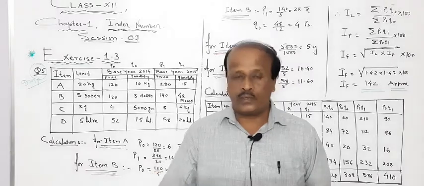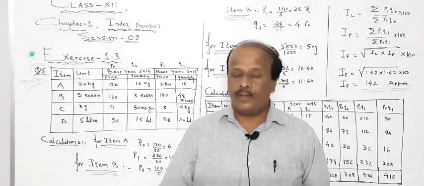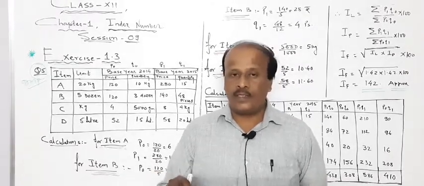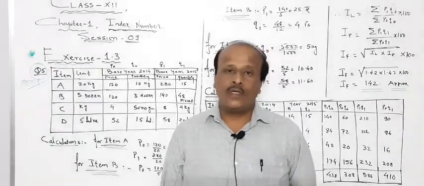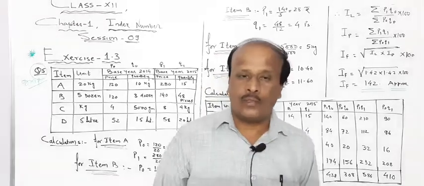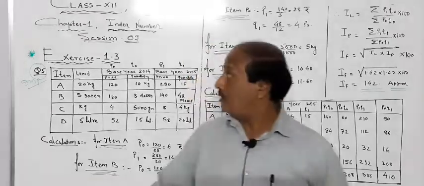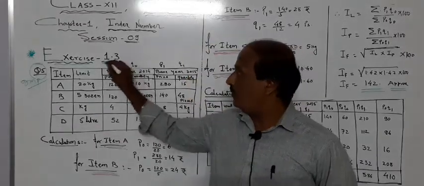There were 3-4 points which I told you on why Fisher's index number is the ideal one out of the last three.